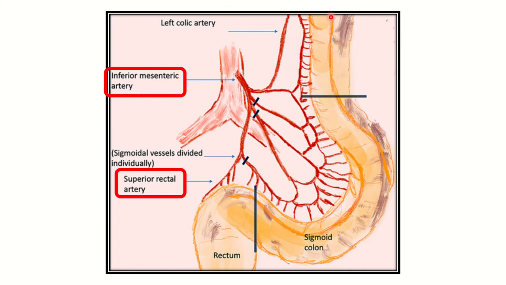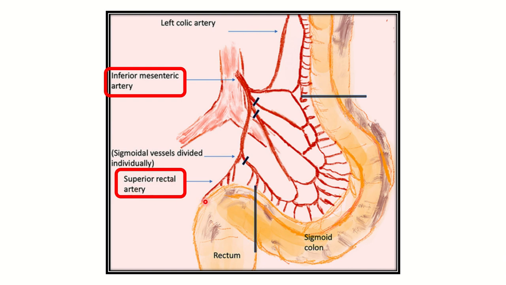Here is the left colon or descending colon, and from here to here is the sigmoid colon, and here the rectum. The rectum has three parts: upper part, middle part, and lower part. This is the upper part, and it is supplied by the superior rectal artery.